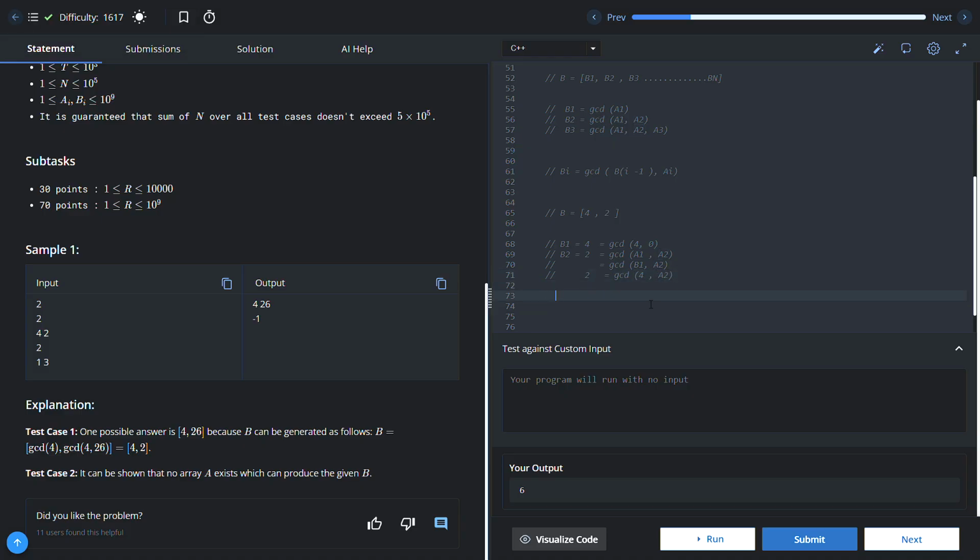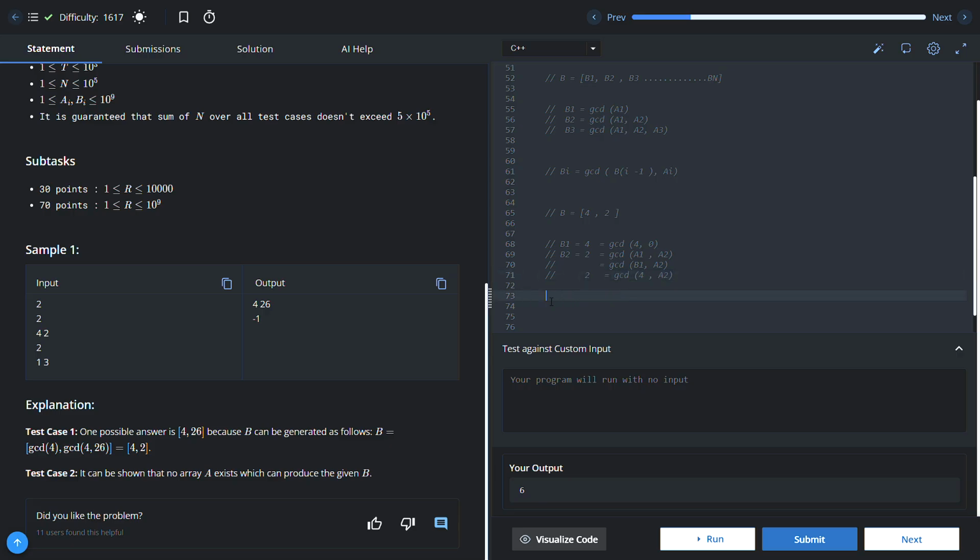So, the easiest way to find this A2 is that A2 can be any number which can divide both 4 and that number, right? Modulus 2 is equal to 0, right? So A2 will be eligible to get the GCD of 2.